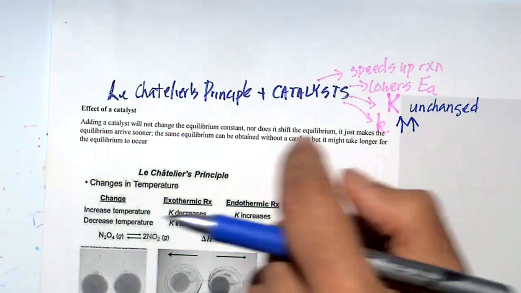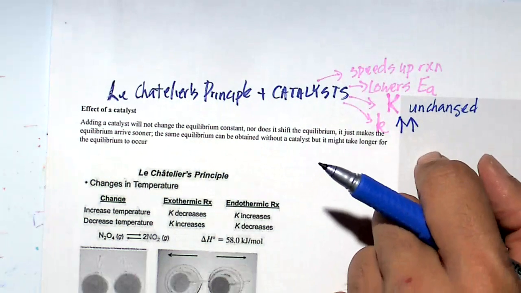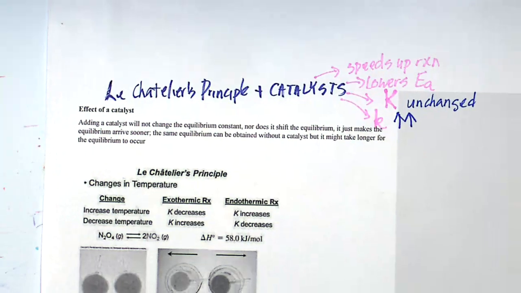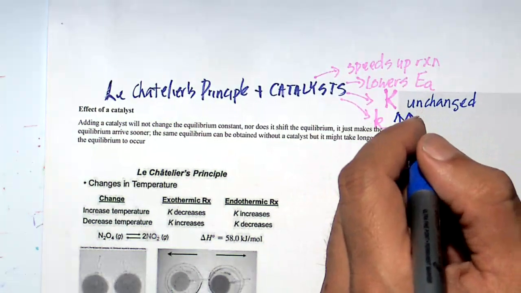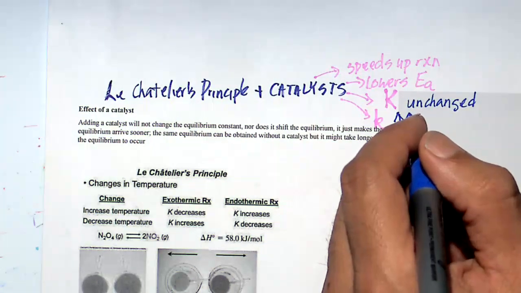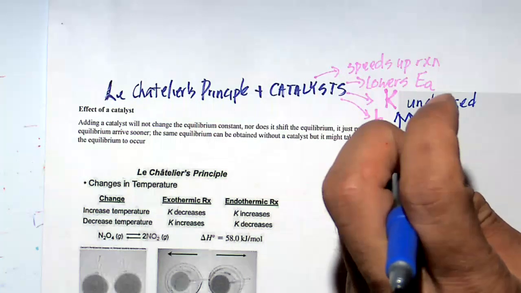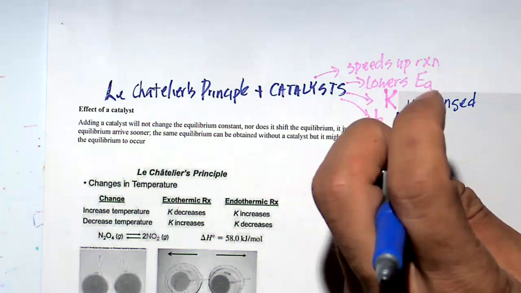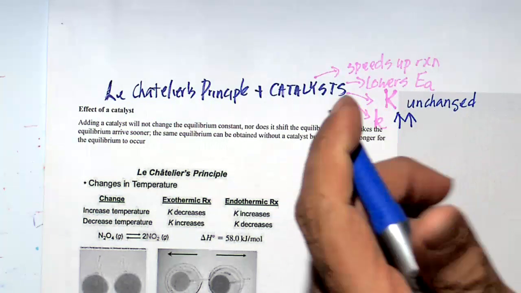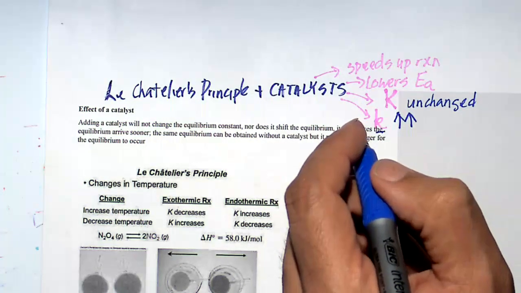The catalyst, try saying this real fast. The catalyst will increase the rate constant, but it will leave the equilibrium unchanged. It just arrives at the equilibrium faster, right? Well, if it arrives at its equilibrium faster, it means the rate constant for that reaction is going to be higher.